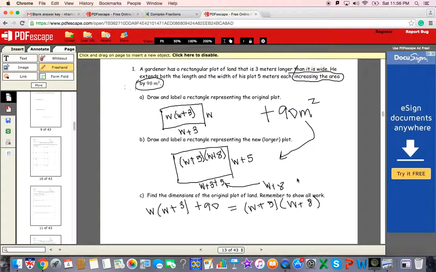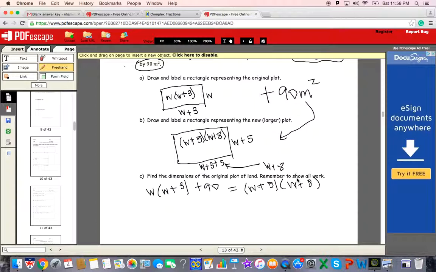All right, now we have to take what we learned and solve. Let's see how this is going to work. We can use our distributive property to figure out that this is W squared plus 3W. Then we have that isolated plus 90 over here, equal to, and we have to FOIL this because we have two terms in each parenthesis.